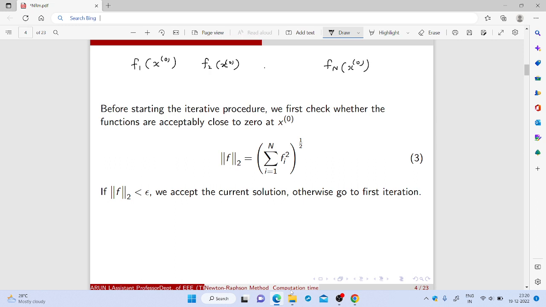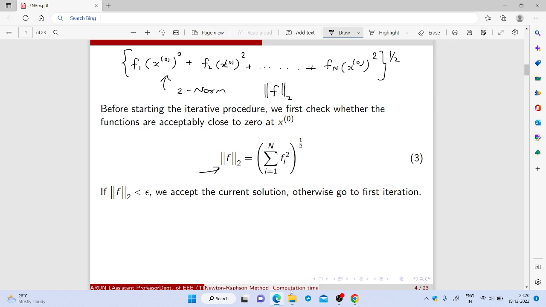Then take the sum of the squares of these values and take the square root of this. So this whole thing is known as 2 norm of this function. So it is denoted like this. So the 2 norm is defined as sigma of fi square, where i going from 1 to n, and square root of this quantity. That is the 2 norm.